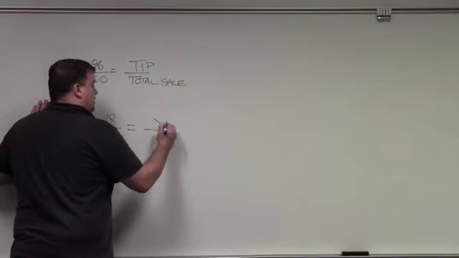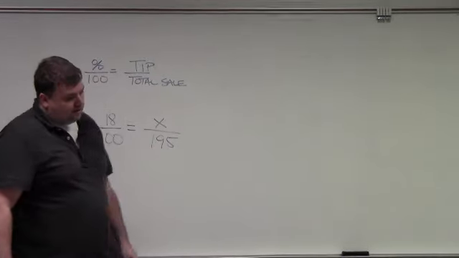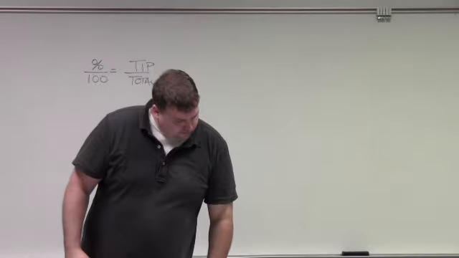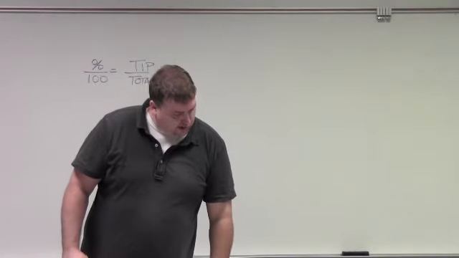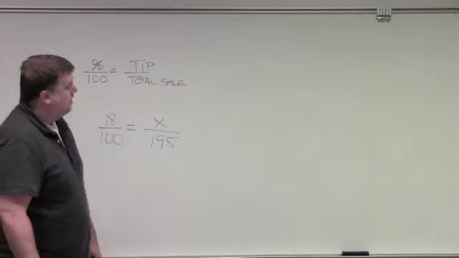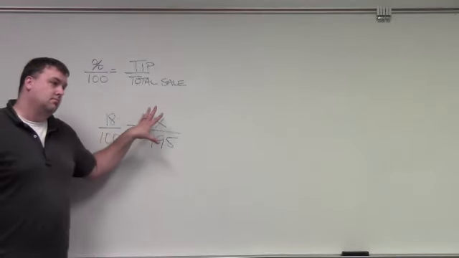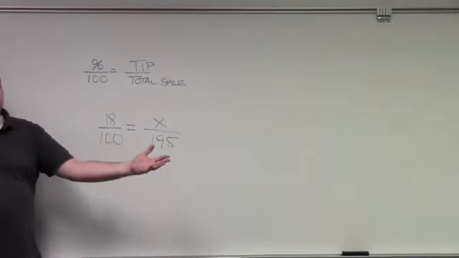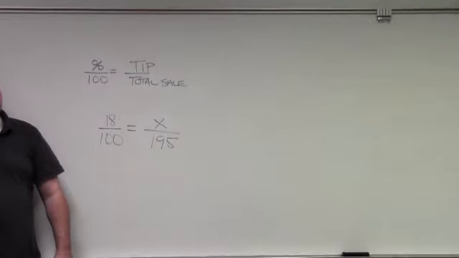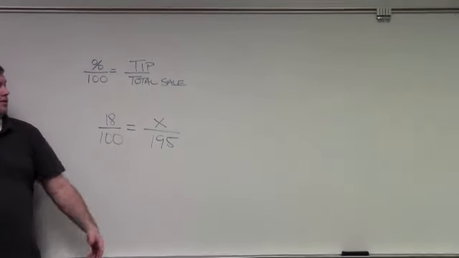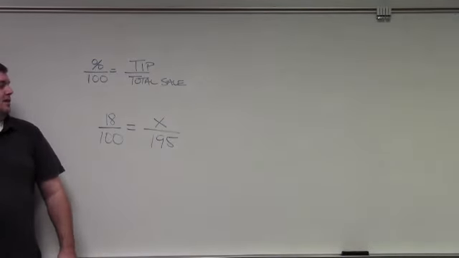$195. That means we're looking for the tip, and that's what they're asking for. They're saying, what is the total amount charged for the party of 10 if the cost of the meal without tip is $195? So we need to find the tip and then add that to the total price of the meal to find the total. All right. So how am I going to solve that? Cross multiplying and dividing.